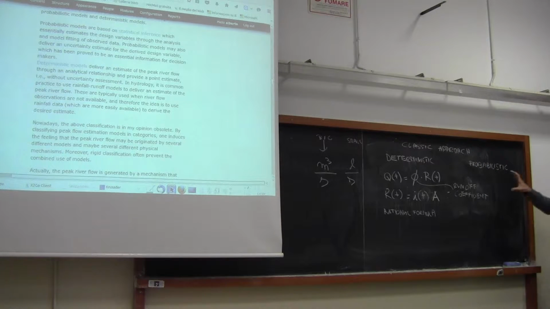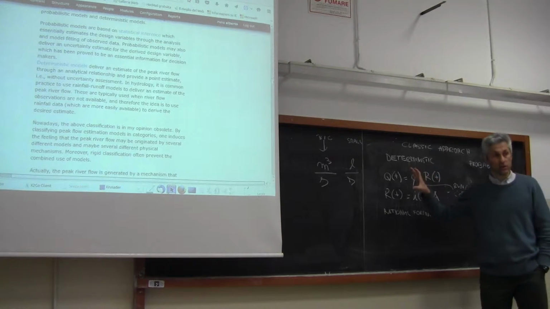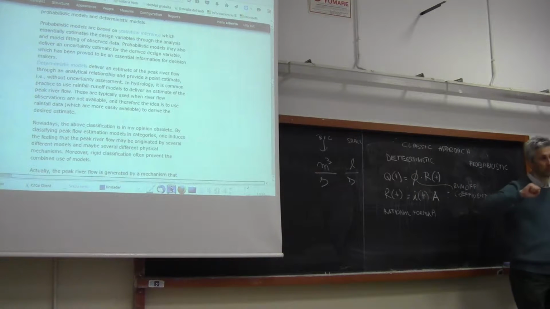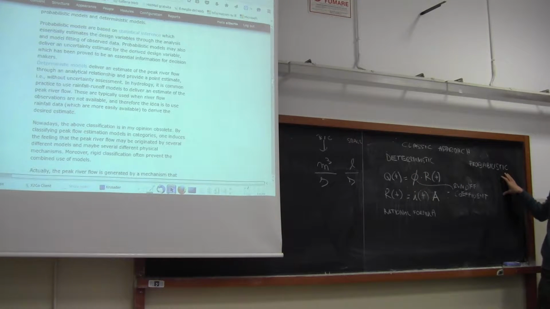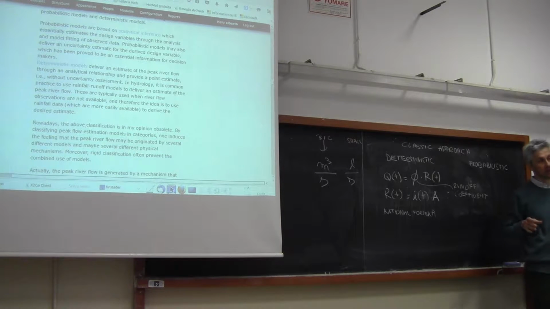So basically we have clarified the meaning of deterministic models. So one input, one output. The probabilistic models can be defined by adopting the opposite definition. Probabilistic models take uncertainty into account and therefore associate several outputs to the same input.